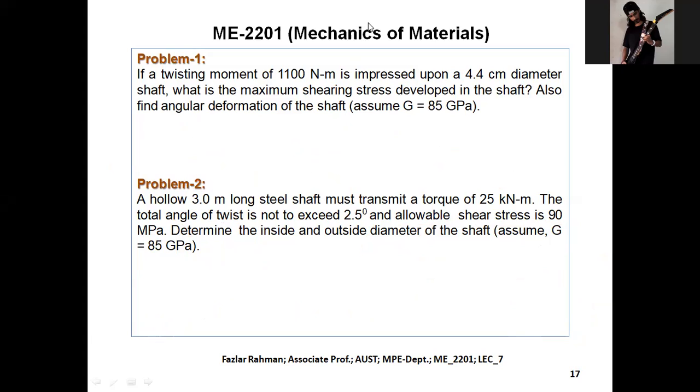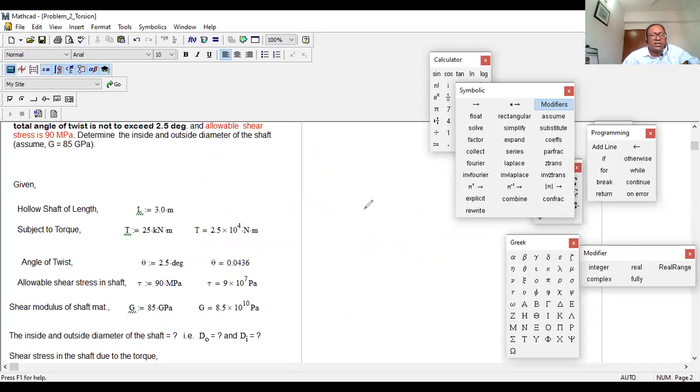Sir, are we changing the theta into radian to solve the math, or are we using the theta in degree? Theta, we have a formula, right? You are getting theta equal to TL by GJ. So when you use this formula, theta equal to TL divided by G into J, this will give you the result in terms of radian. Then yes, you need to convert it in degree.